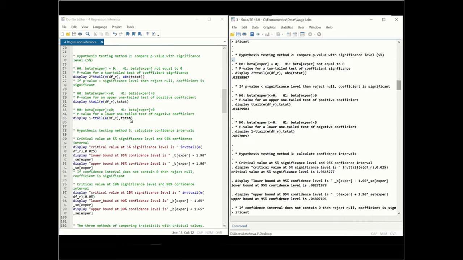The opposite test would be if we want to test whether the coefficient of experience is negative, versus the null hypothesis that this is not the case. That would be a lower one-tailed test for a negative coefficient, and we would be displaying 1 minus the ttail for the degrees of freedom and the t-statistic.